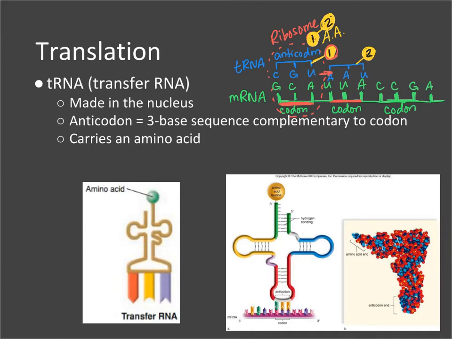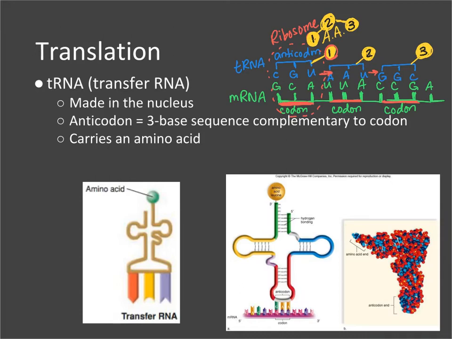Then the ribosome is going to move down to expose the next codon, which is going to allow the next tRNA molecule with its anticodon to come in. And it's going to be attached to amino acid number 3. And once it matches, the ribosome is going to take that third amino acid from the tRNA and form a bond with the other amino acids it got from the first 2 codons.